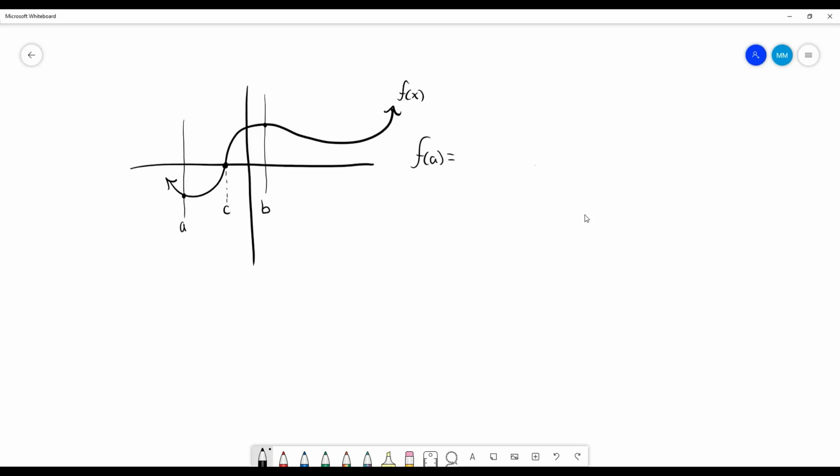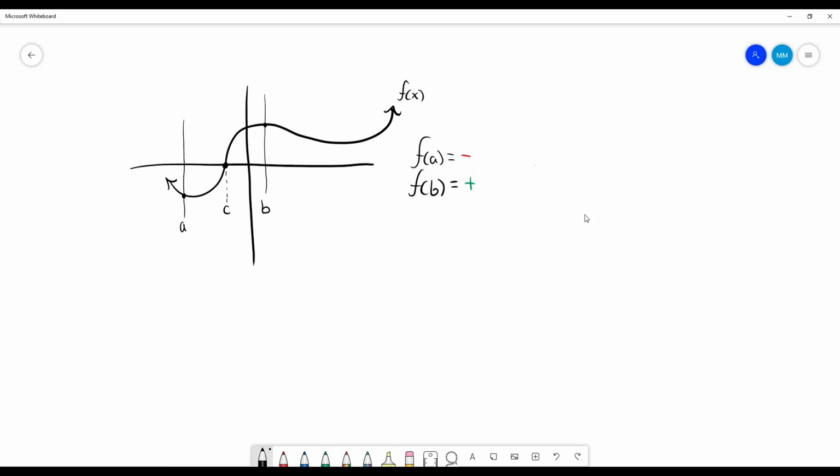But when we plug in f of a, we see that this is going to be a negative number. So I'm just going to put a negative sign there so that we know that. And when we plug in f of b, we see that it's a positive number.